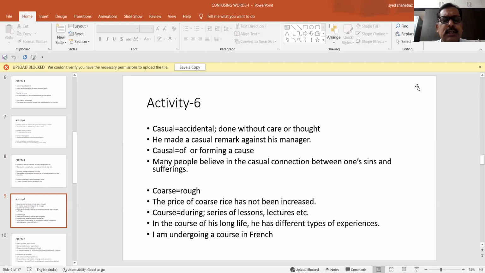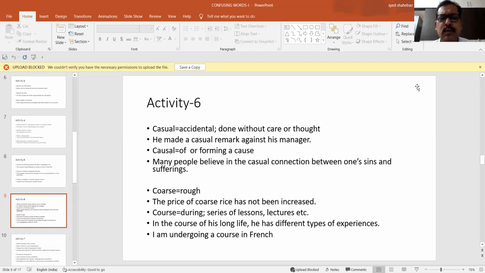The next word is causal, of or forming a cause. Many people believe in the causal connection between one's sins and suffering. The cause and effect relation. Cause, the reason. Causal has come from cause, C-A-U-S-E, cause, the reason.